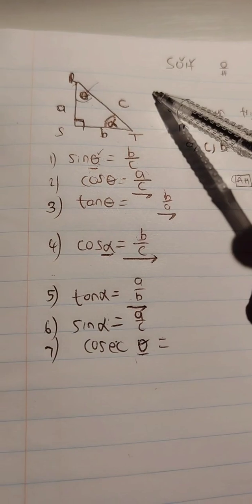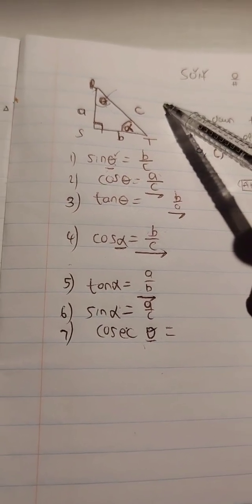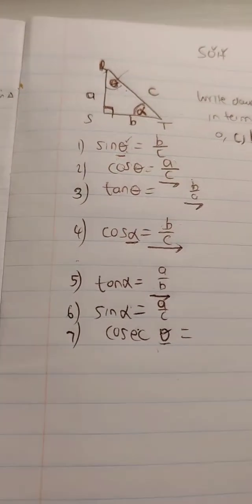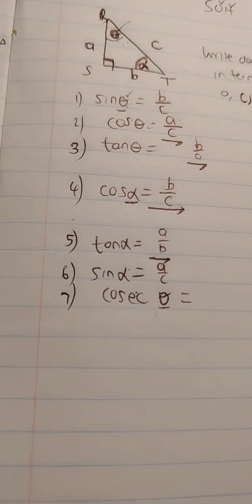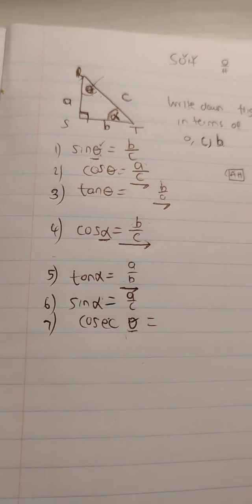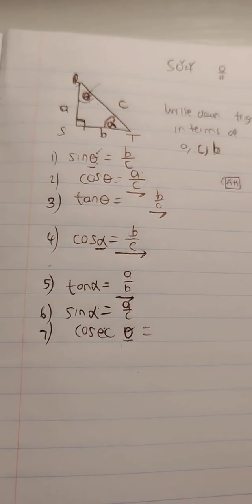Be very careful, guys. What is the inverse of cosec? What's the ratio of cosec if the inverse of cosec is sine?